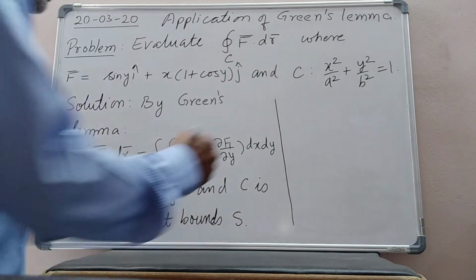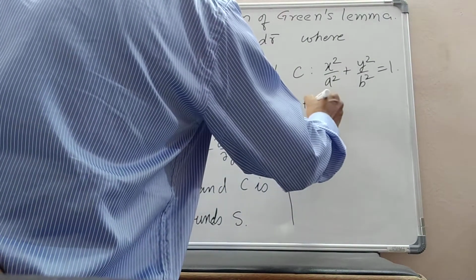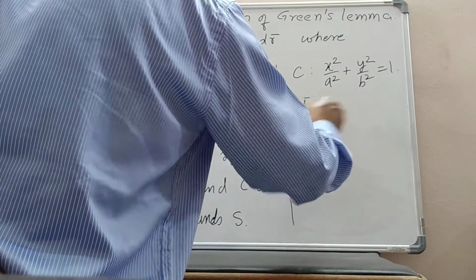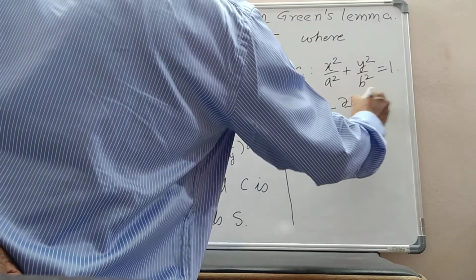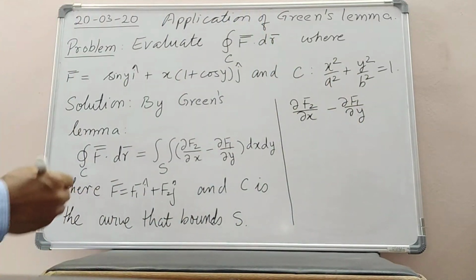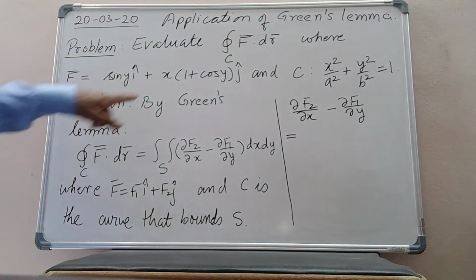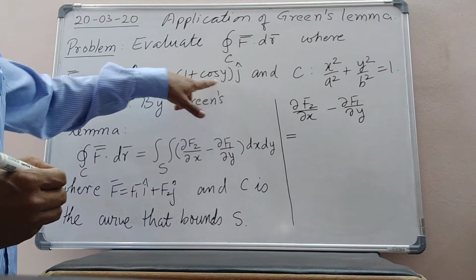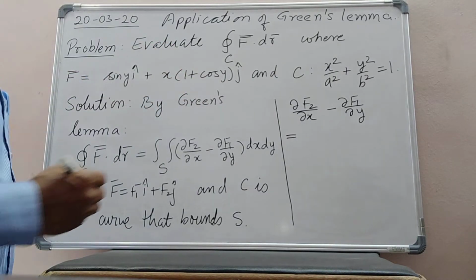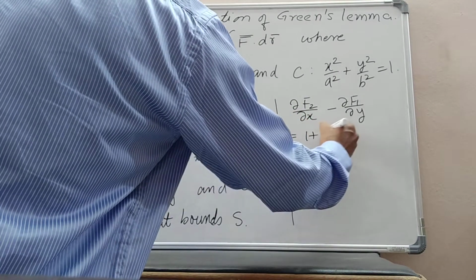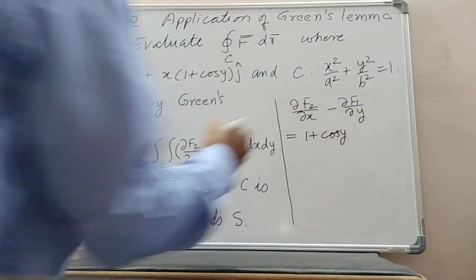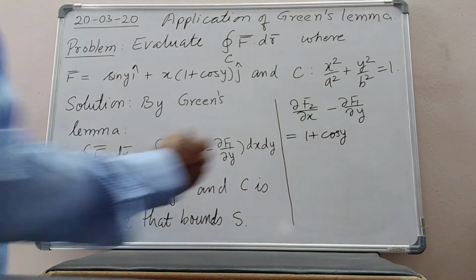So what is ∂f2/∂x minus ∂f1/∂y? This is f2, so I partially differentiate this with respect to x, and what I get is 1 plus cos y.